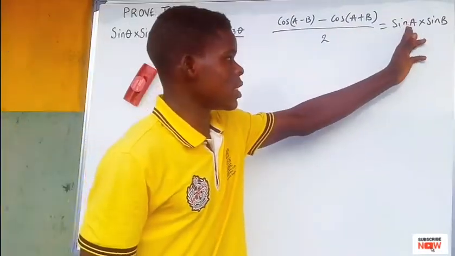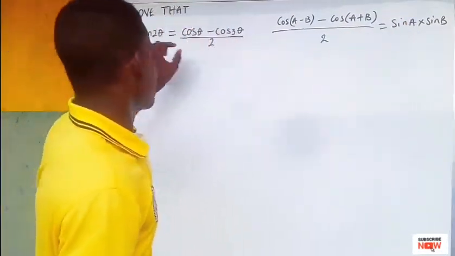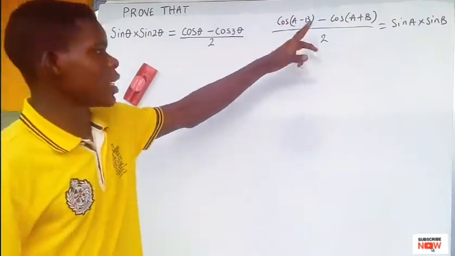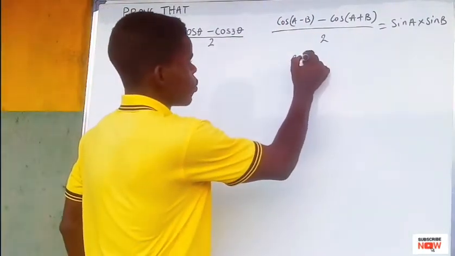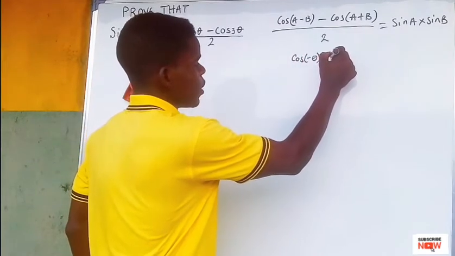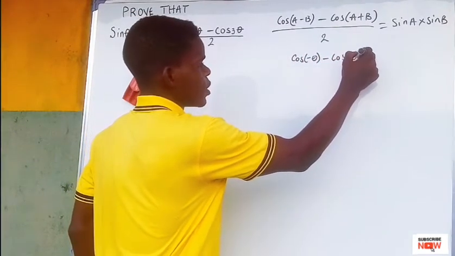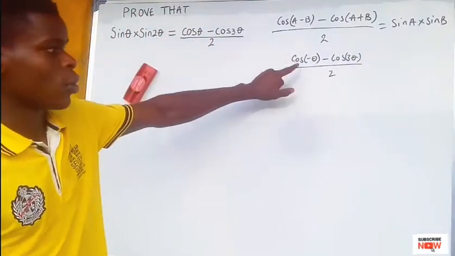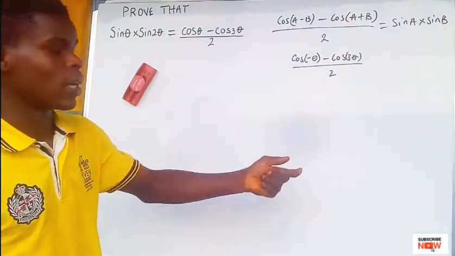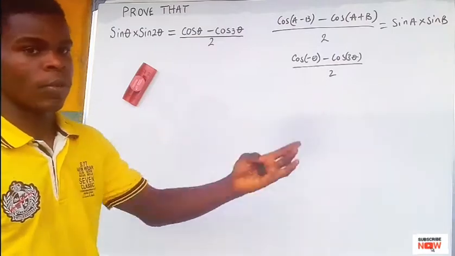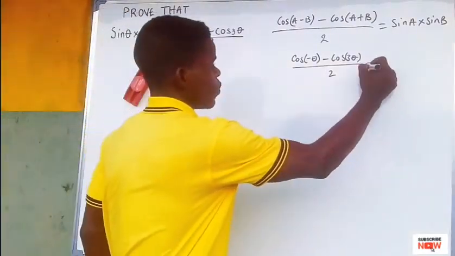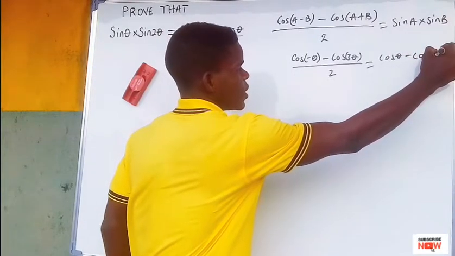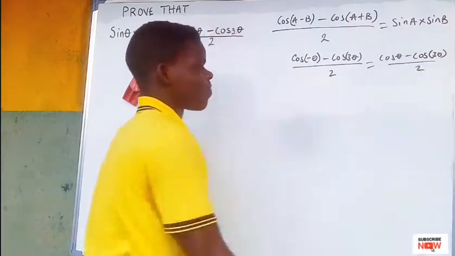When A is theta and B is 2 theta, if we plug that in here, we have cosine of negative theta minus cosine of 3 theta. You know that cosine is an even function, so the cosine of a negative angle is the same as the cosine of a positive angle. Because of that, we arrive at cosine theta minus cosine 3 theta all over 2.